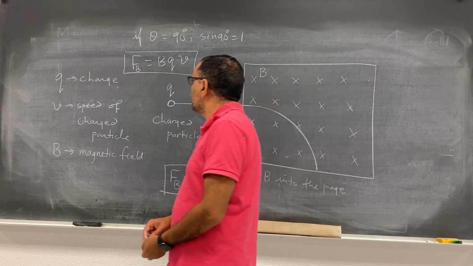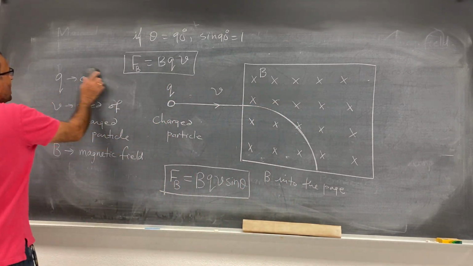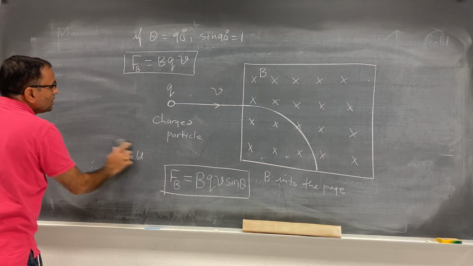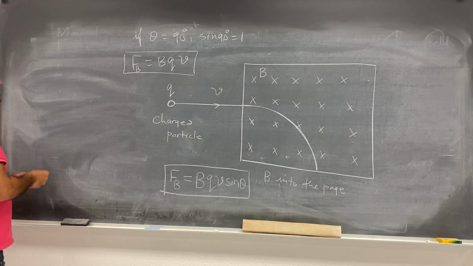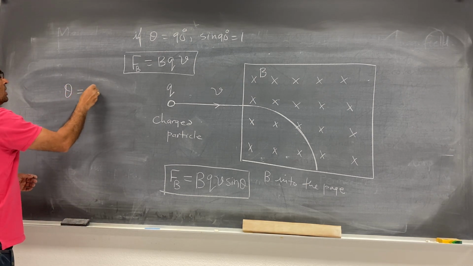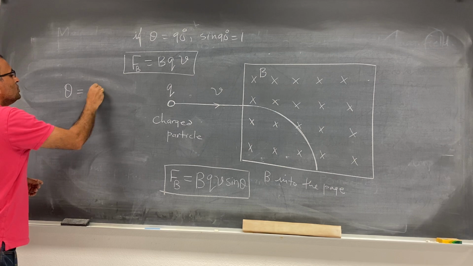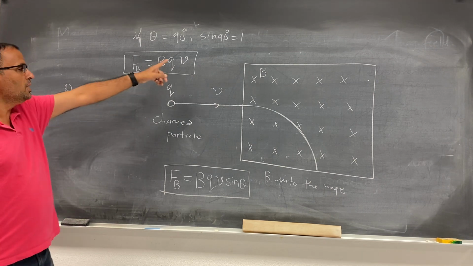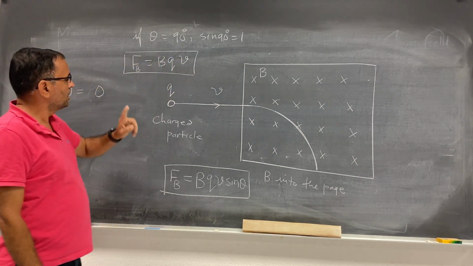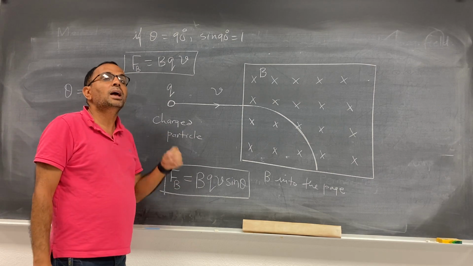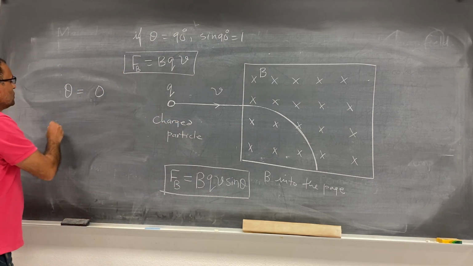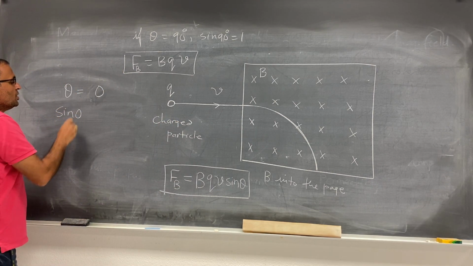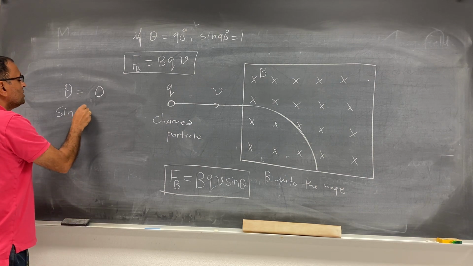If the magnetic field and the velocity are parallel, that means theta equal to 0. The angle between V and B is 0. What is sine 0? You can use your calculator. Sine 0 degrees is equal to 0.